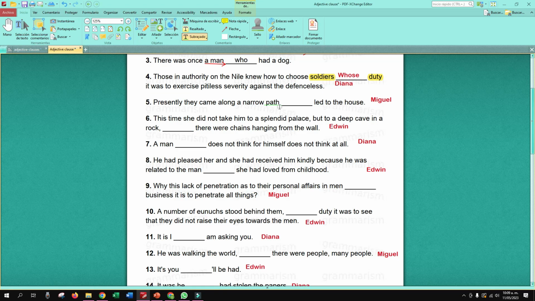So in this case, you can use that or which, or which led to the house. So you're introducing or you give information about what? The path, right? So recently they came along a narrow path which led to the house.